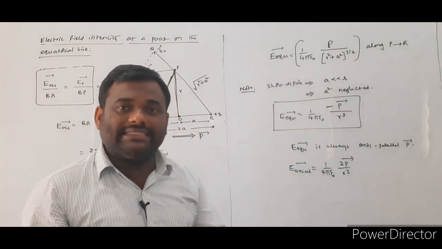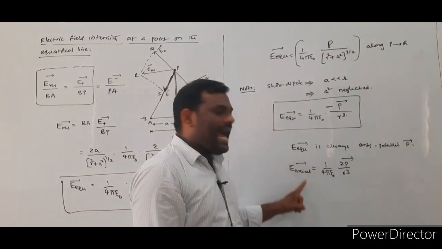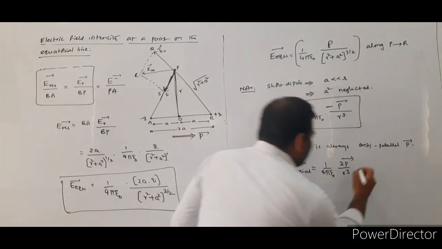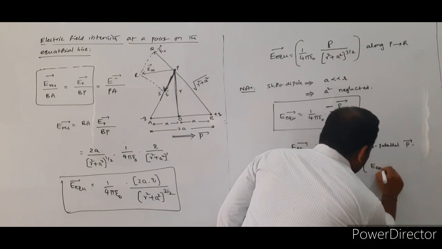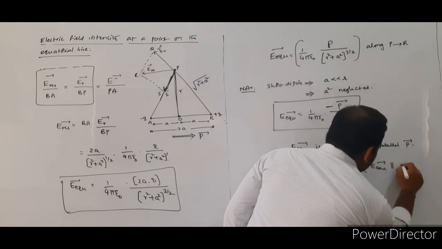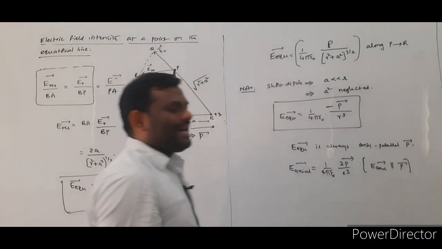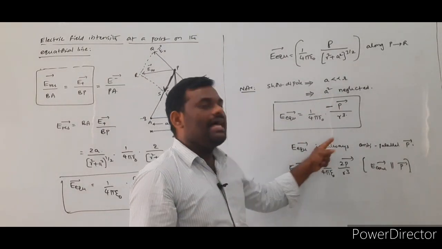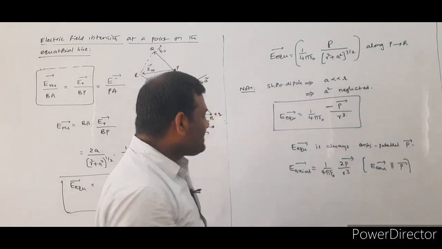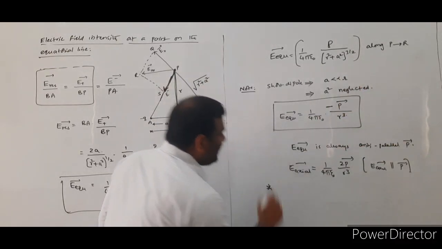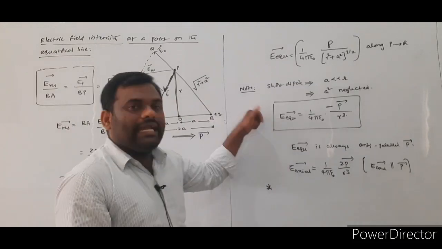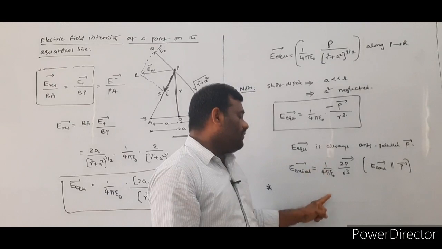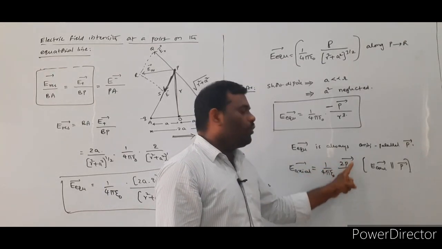In the case of the axial line, both E axial and p bar are acting in the same direction, or E axial is always parallel to the p bar. In this case, E equatorial line is always anti-parallel to the p bar. Sometimes they ask what is the relation between the E axial and E equatorial? Here E axial value is equal to what? 1 by 4 pi epsilon naught 2p by r cube.